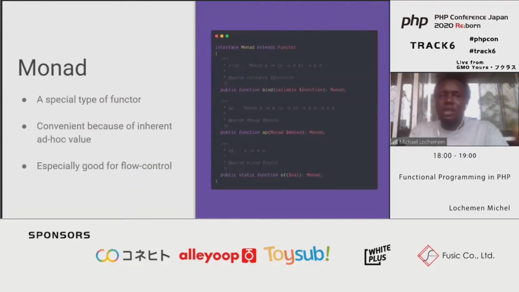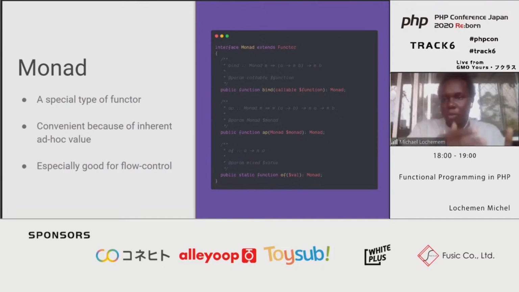What about monads? Monads build on top of functors, and they have amazing ad hoc value, right? But they are themselves algebras and are bound by specific rules that essentially allow you to do all manner of stuff, function application, again, forward function chaining.